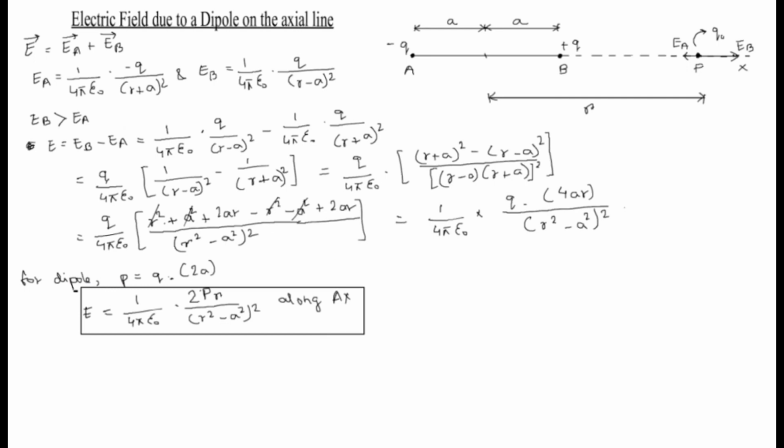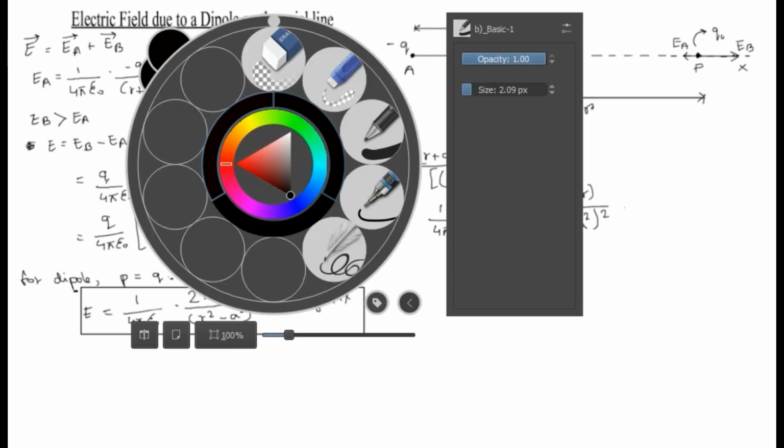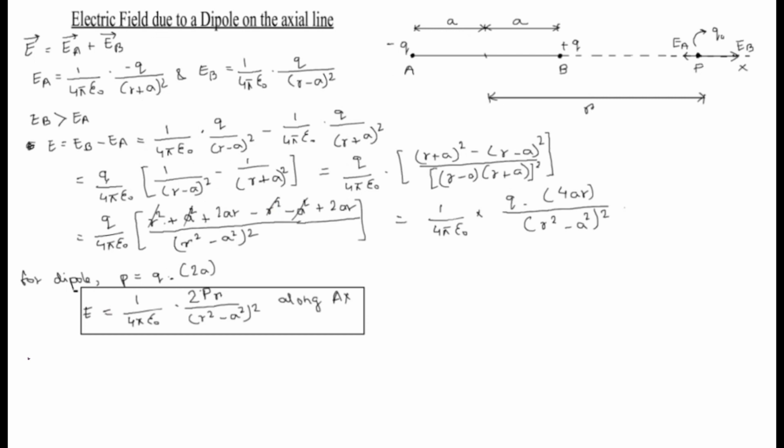Now, we'll go for the one that we are quite familiar with, which is for a short dipole. So what happens for a short dipole? Generally, whenever we do problems, we do them for a short dipole. For a short dipole, this 2a value is much less than r.